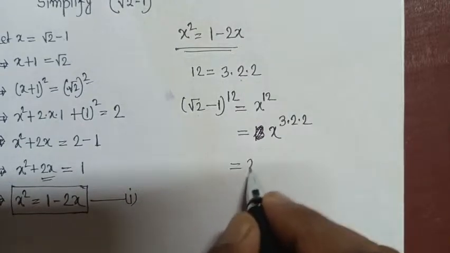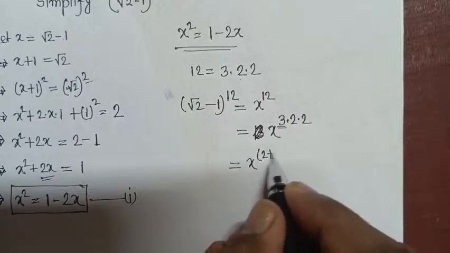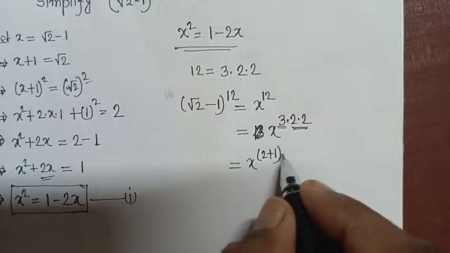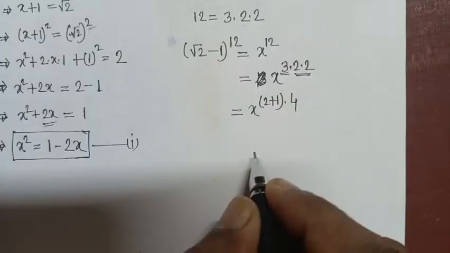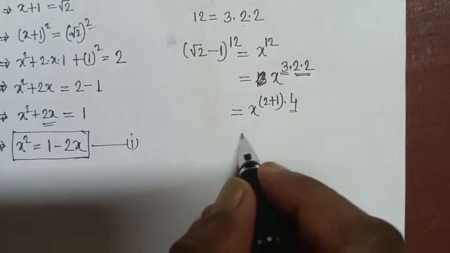So we can write x to the power 2 plus 1, and now 2 times 2 is equal to 4. In future we will break 4 again as 2 times 2.